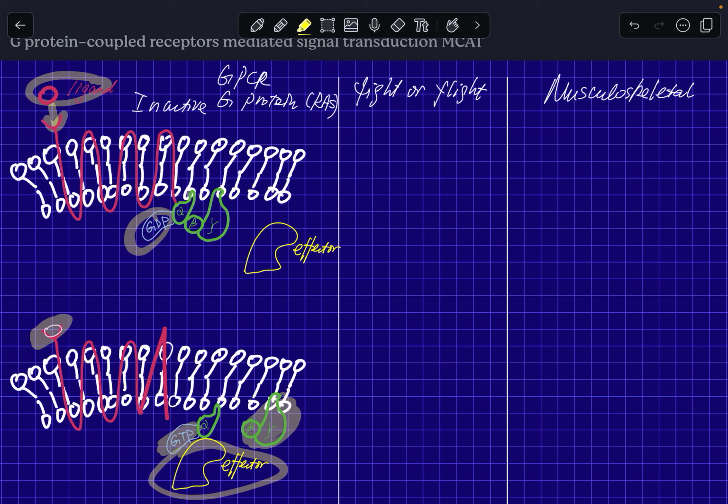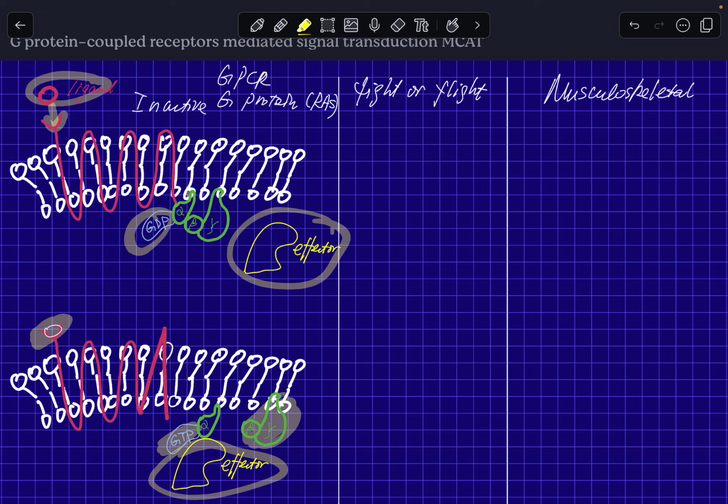This yellow thing is the effector. When everything was inactive, this effector just hangs in the cell. But now the alpha subunit of the G protein is activated, so my effector enzyme can bind to the alpha subunit, and this causes more downstream biological cascade events that lead to the final biological effects that we want.